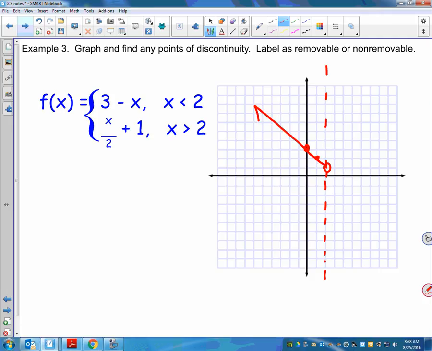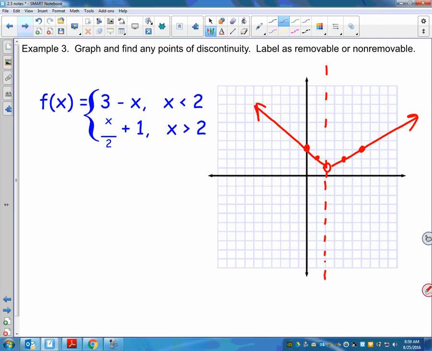Now look at this. On the other side, I can plug 2 in there to start, because I'm starting at 2. 2 over 2 is 1 plus 1. And at 2, I'm starting at 1. Then I would go up 1 over 2, up 1 over 2.